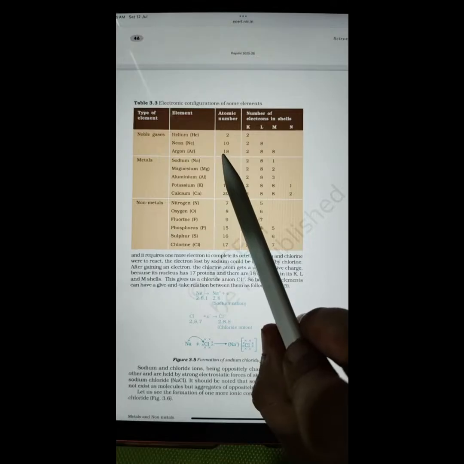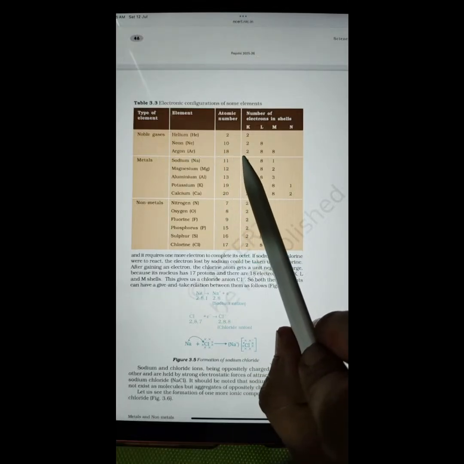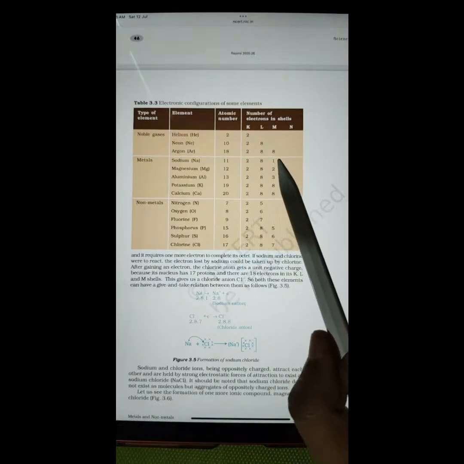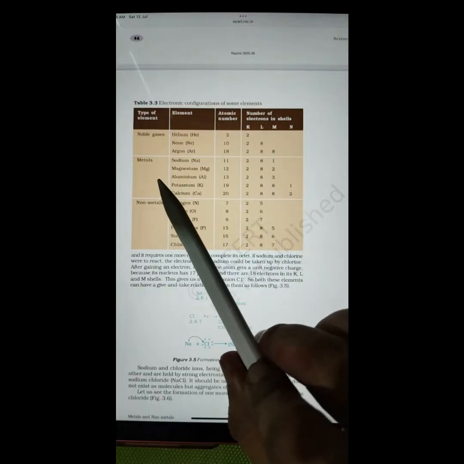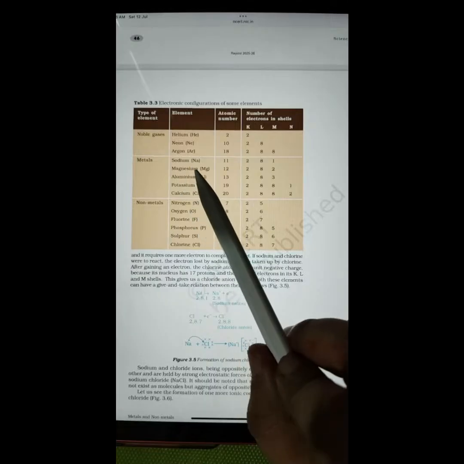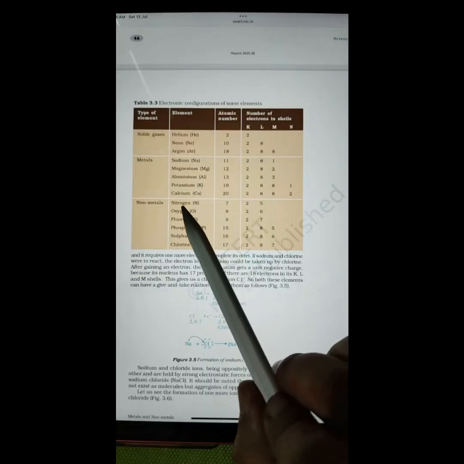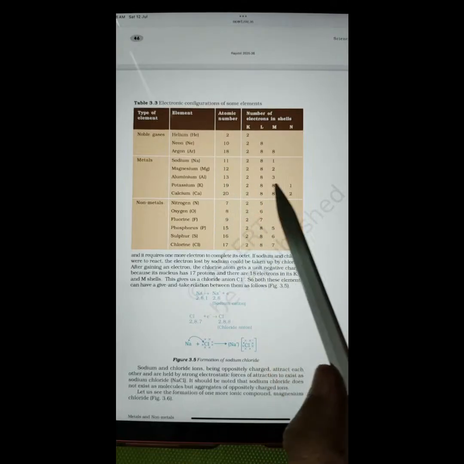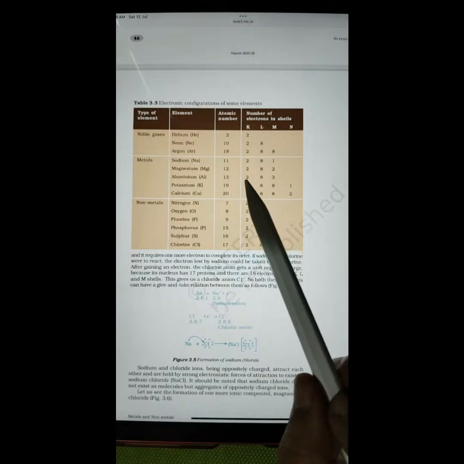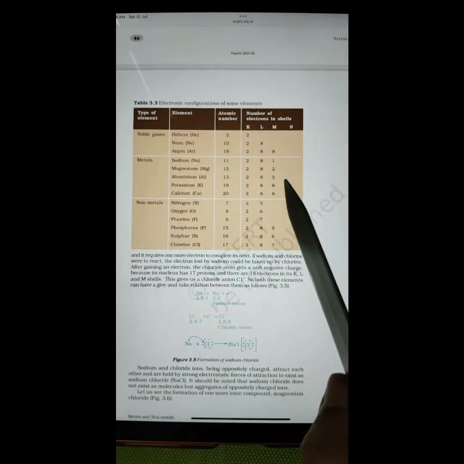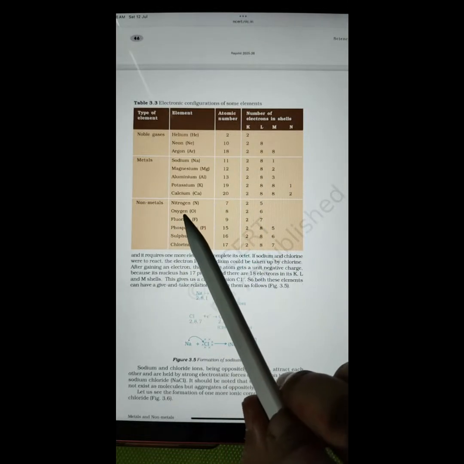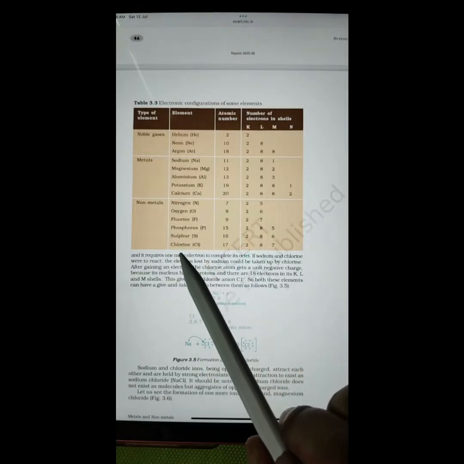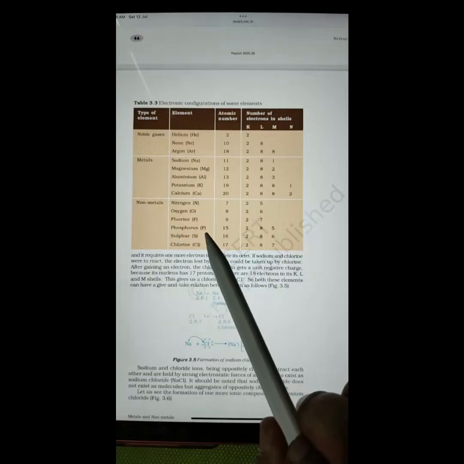In argon, atomic number 18, it is going to be K 2 electrons, L 8 electrons, and M 8 electrons. So the metals that are being shown to you are sodium, magnesium, aluminium, potassium, calcium, and the atomic numbers are given here. You should practice all these by writing on a piece of paper or in your notebook. Non-metals that are given to you are nitrogen, oxygen, fluorine, phosphorus, sulfur, chlorine. These are the elements when they are neutral.